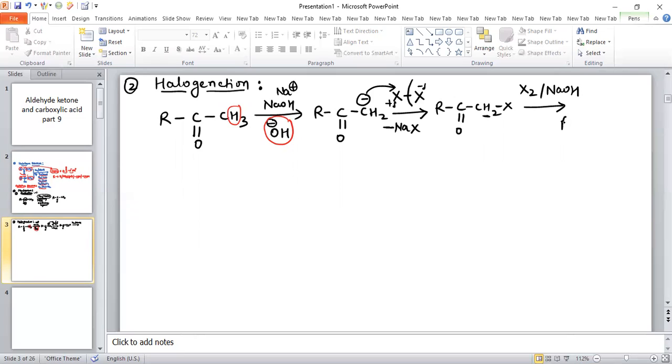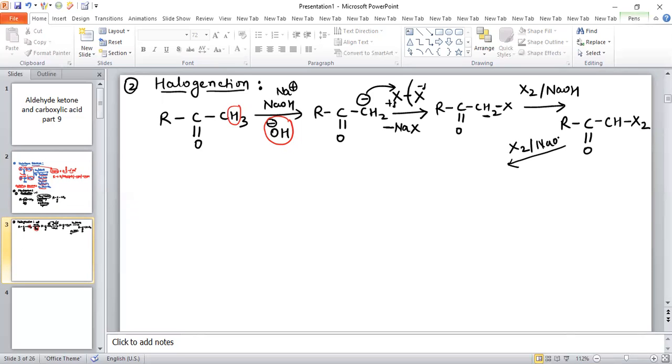So this will convert into R, C double bond O, and hydrogen is removed and halogen is added. So this will convert into CH and X2.